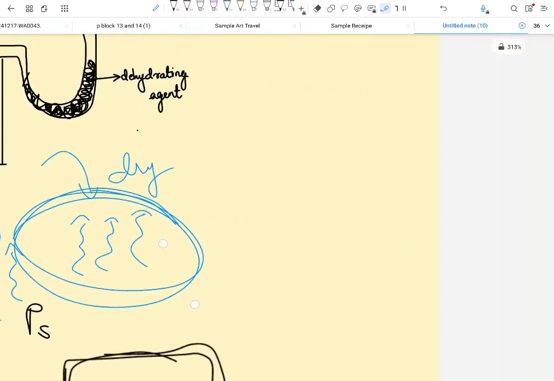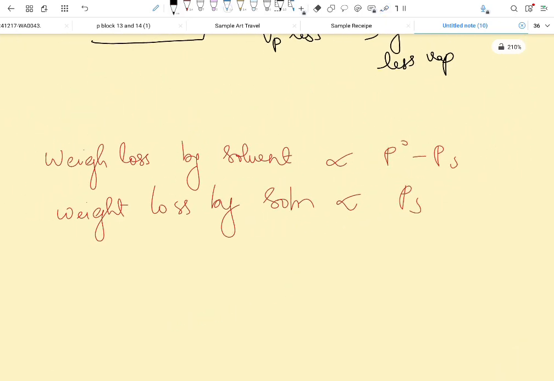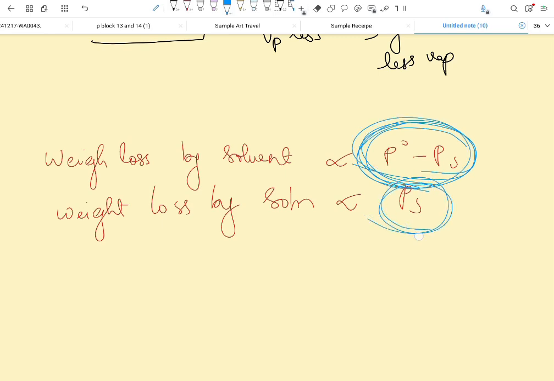The moisture absorbed by the dry air was directly proportional to this one as well as this one. If more of this one, more moisture is absorbed; if more of this one, more moisture is absorbed. So the weight loss by solution was directly proportional to this one.